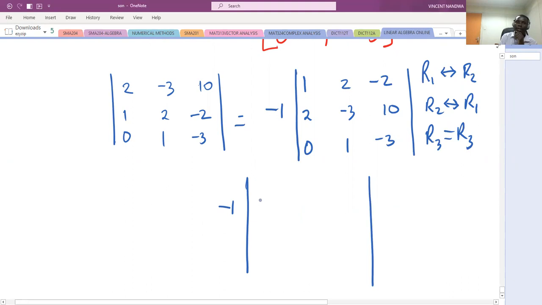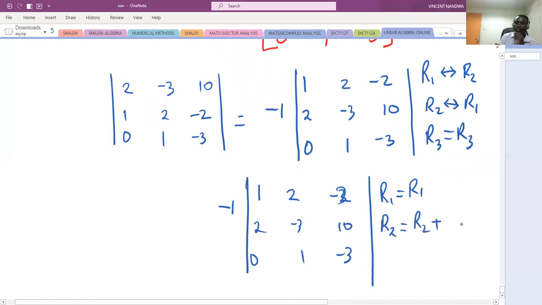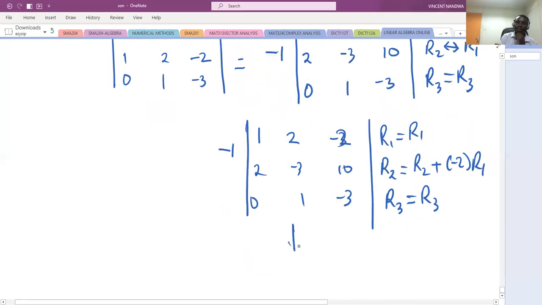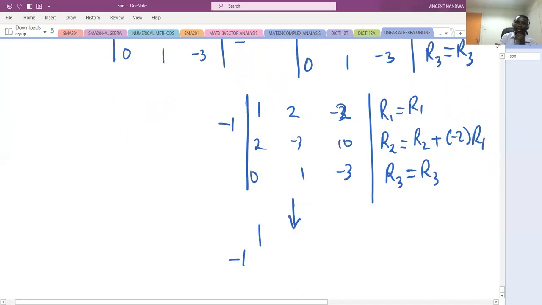So 1, 2, minus 2, 2, minus 3, 10, 0, 1, minus 3. So I say row 1 to be row 1, and row 2 to be row 2 plus minus 2 row 1, and row 3 to be row 3 for the start. So that leads me to negative 1 is just there.